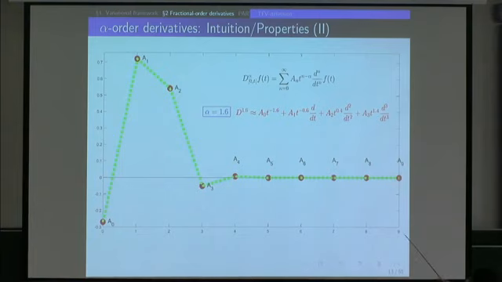Here I write it down for alpha equal 1.6. What is it? You see a_0 has a magnitude of minus something. They alternate, and very soon they are so small, almost 0. So for this case, you might say the 1.6 derivative is a combination of the 0th derivative plus the first, second, and third derivatives, and the rest are so small. That's intriguing.